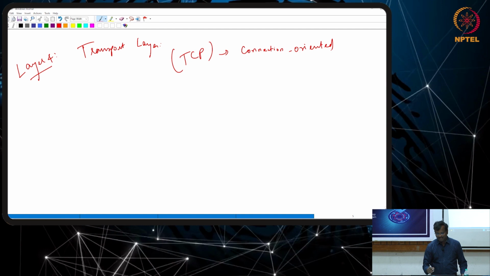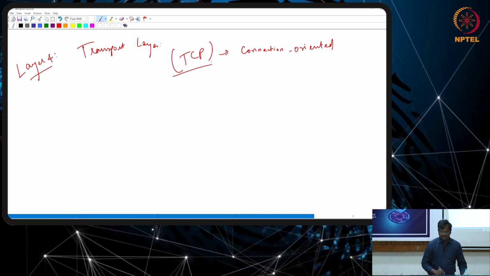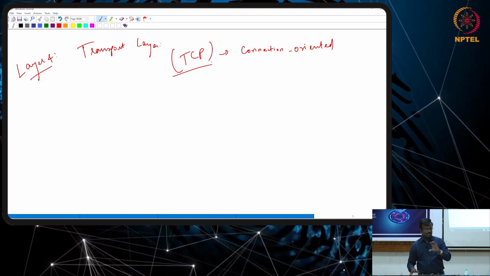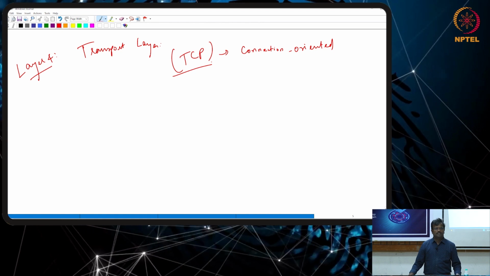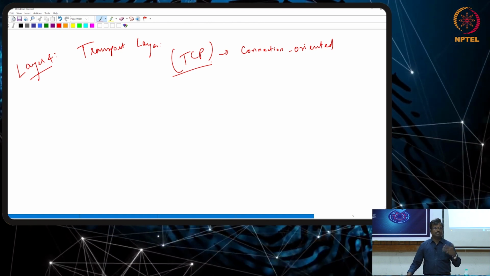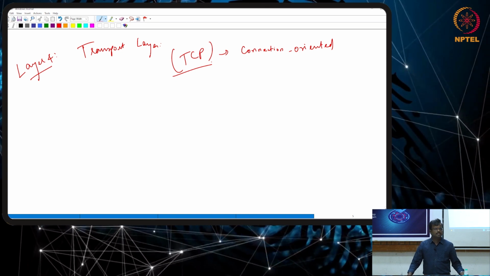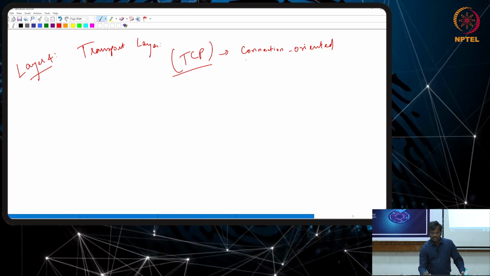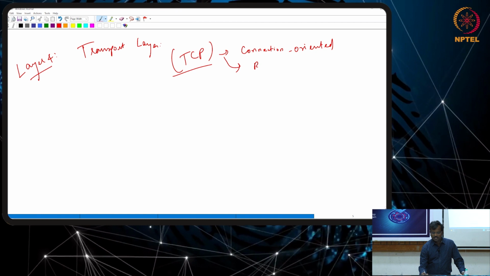I will come to that again. Now you understand the transport layer uses TCP, which is the predominant protocol used in the internet. Almost 99% and above of devices use TCP because it is connection oriented and, most importantly, it is reliable.